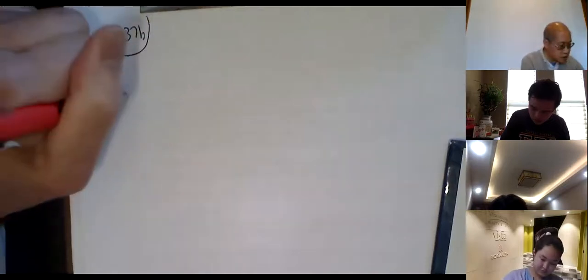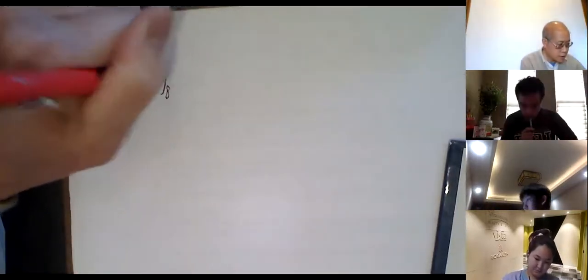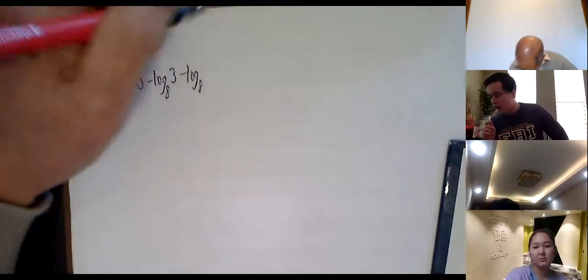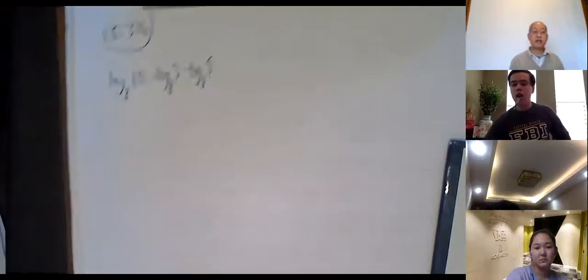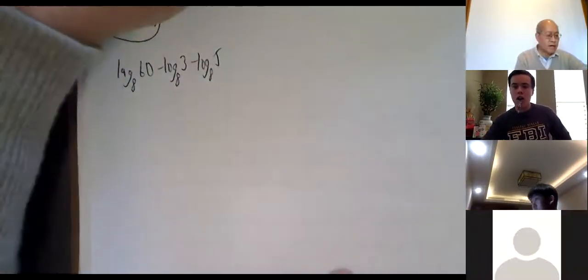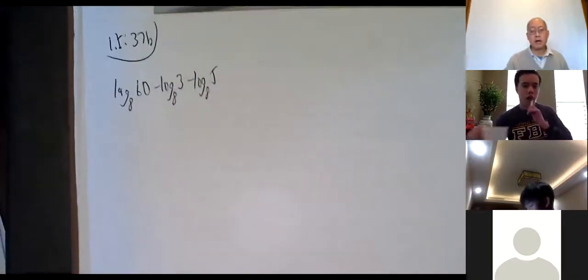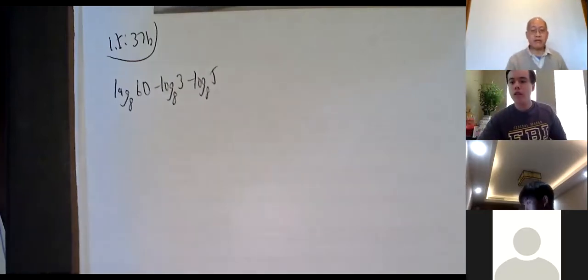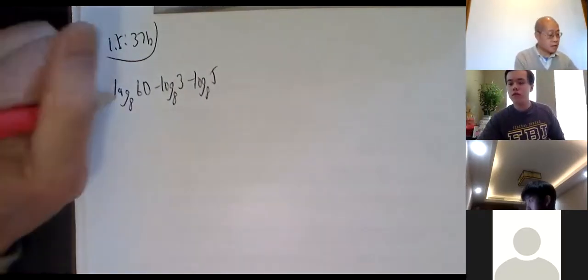Find the exact value: log base 8 of 60 minus log base 8 of 3 minus log base 8 of 5. I'm aiming for quantity more than quality. I want to help as many people as possible. So if I go fast, sorry, but I want to be able to get everybody. And of course, you can always look at the video back again later anyway.